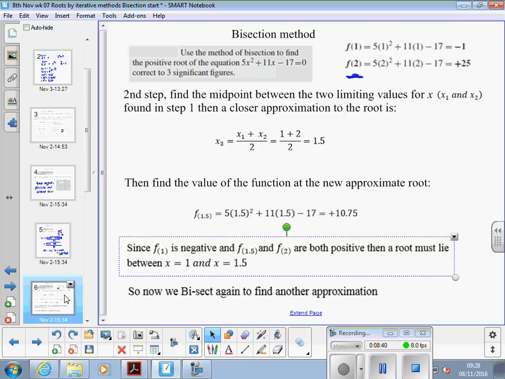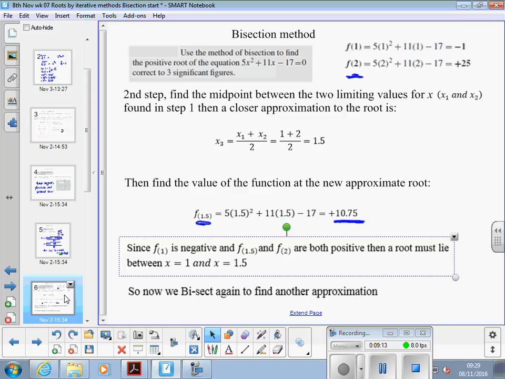When x is 1.5, the value of our new guess comes to 10.75. So 1.5 is still above the root we're looking for. Since the value at 1 is negative and the values at 1.5 and 2 are both positive, the root must lie between x equals 1 and x equals 1.5.